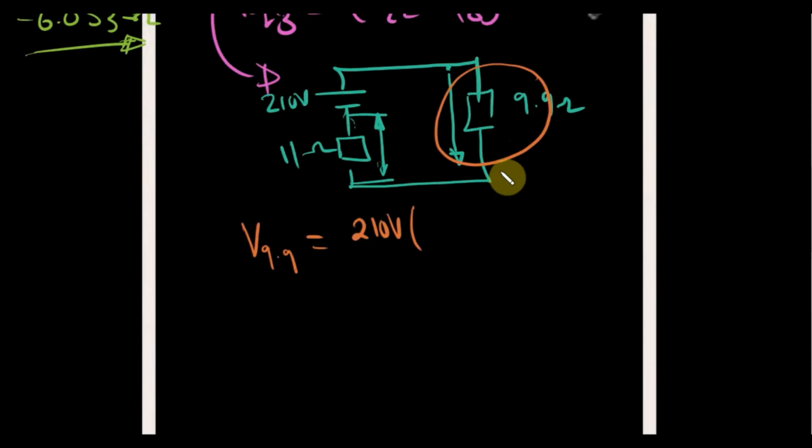This is voltage divider. If it was current divider, we'd be multiplying by the one we're not interested in. Now we multiply with the resistance that we're interested in, plus the sum of the two resistors.